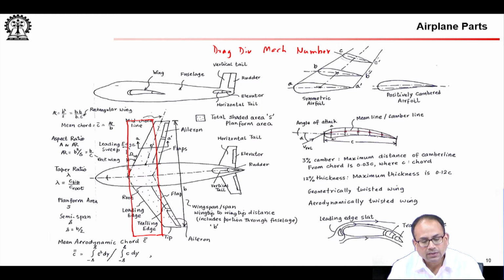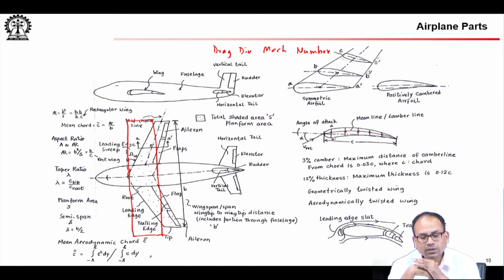The sweeping of the leading edge is just a trick to make the aircraft fly at a high enough Mach number where a straight, unswept wing would have crossed the drag divergence Mach number. I have not talked about what the drag divergence Mach number is, but we will come to that in a later presentation.